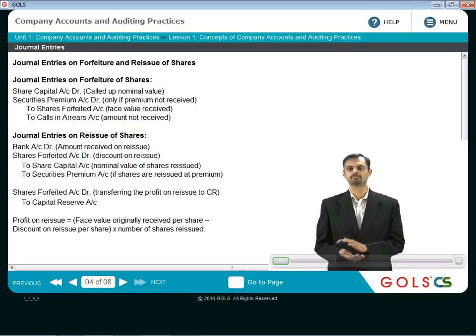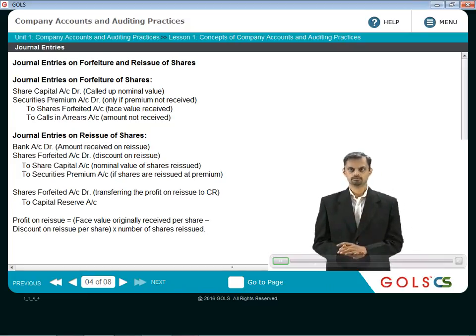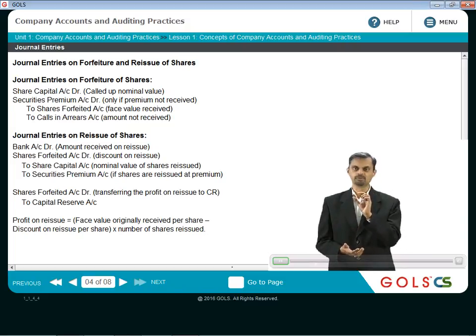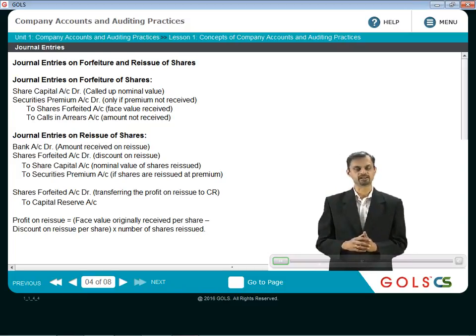So let us take an example that 10 rupees is the face value, 6 rupees were called up, 4 rupees are not yet called up. Then 6 rupees will be debited in share capital account in this entry. 10 rupees will not be debited, 6 rupees, because that is the face value which is called up.